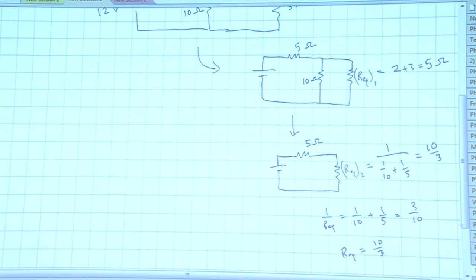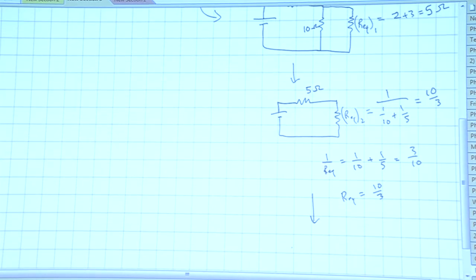Now we have two in series, so we keep going. And our equivalent is 5 plus 10/3, 25/3 of an ohm.